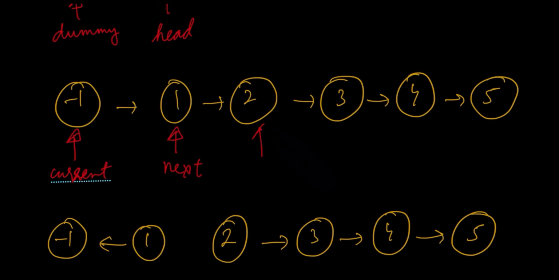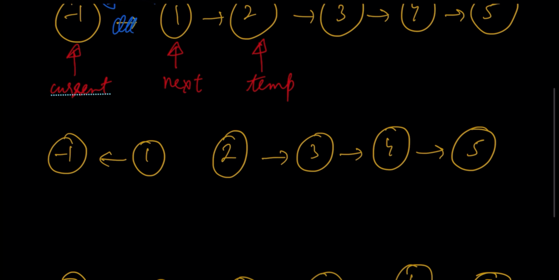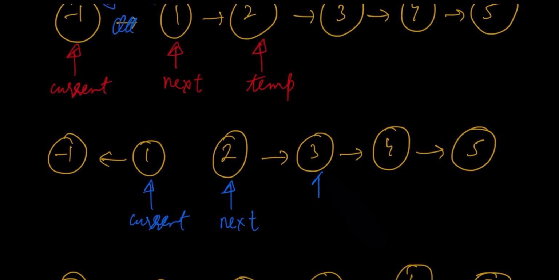We are going to have temp too. As you know, we update next to current, and in the next iteration node 1 will be the current node, node 2 will be the next node, and node 3 will be the temp node.